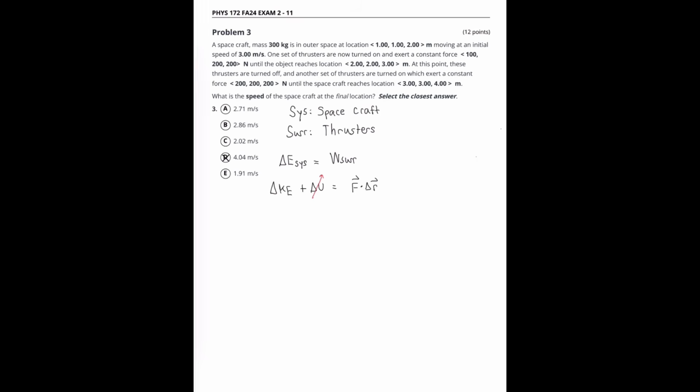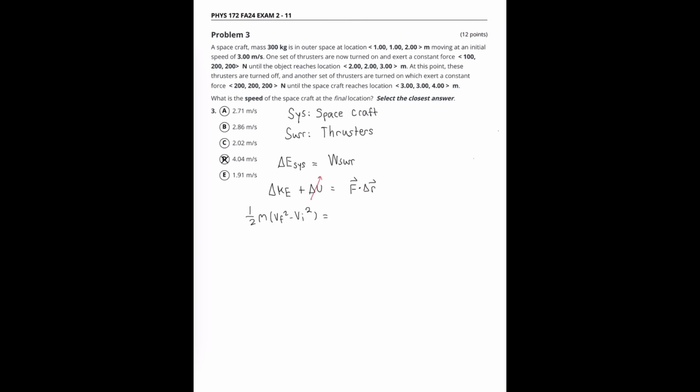Once we have that, we can say 1/2 m (v final squared minus v initial squared) is equal to the work by the thrusters. So we can say that the change of R1 is equal to 2 minus 1, 2 minus 1, and 3 minus 2 meters, which is equal to (1, 1, 1) meters.